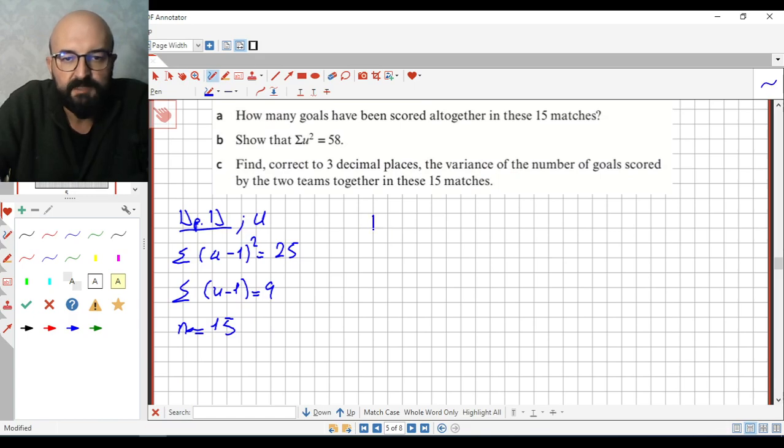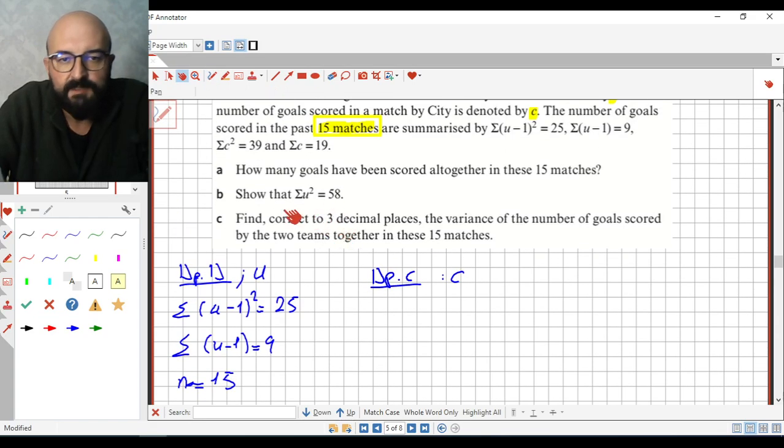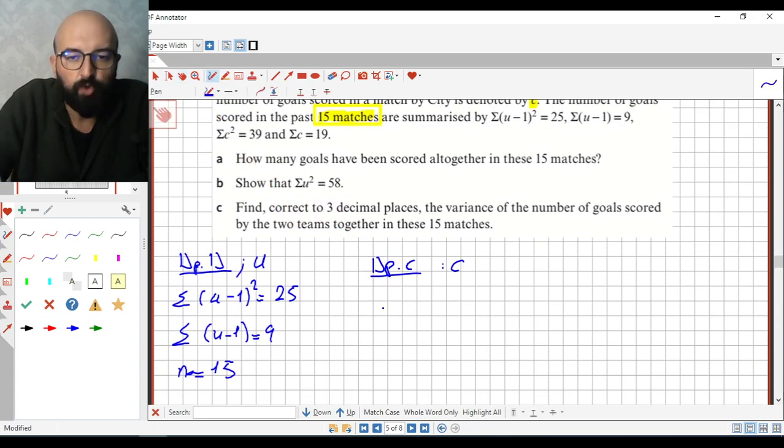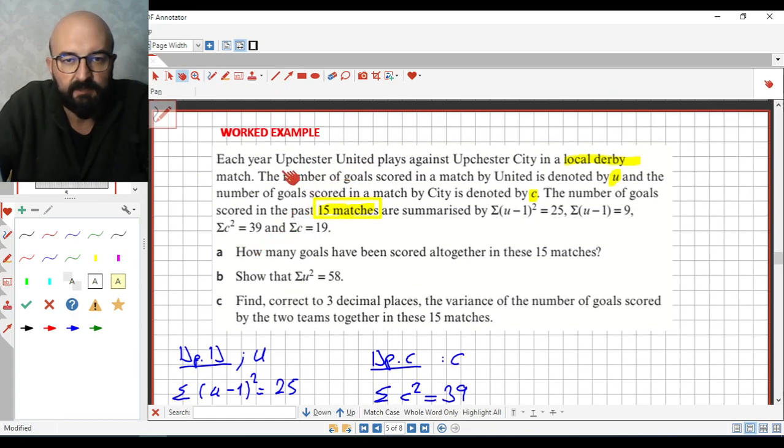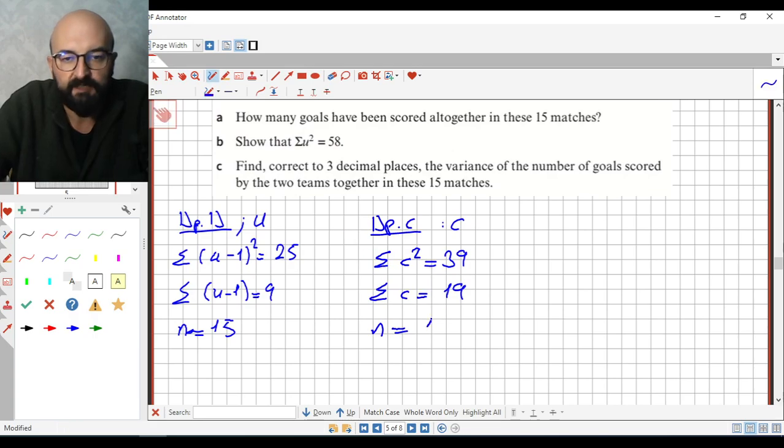Then the other club, Upchester City, denoted by C: they give us the sum of C squared is 39, the sum of C is 19, and also n, the number of matches against Upchester United, is 15, because it is the same match each time.